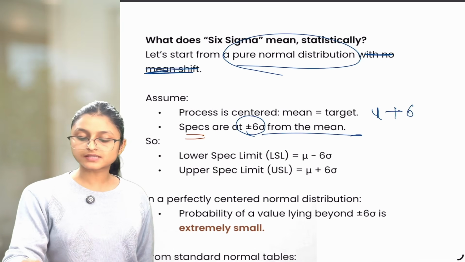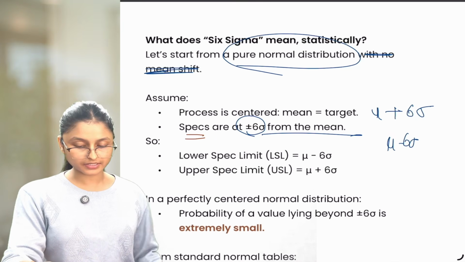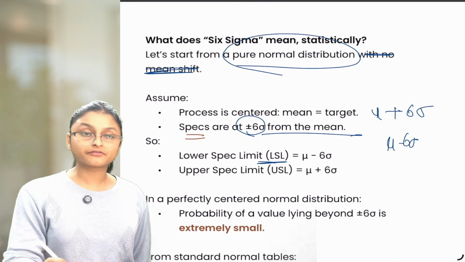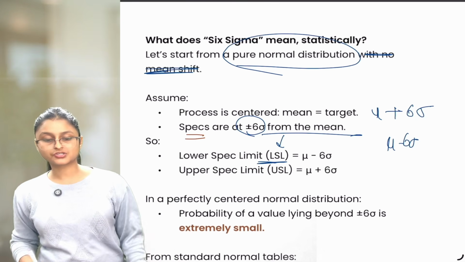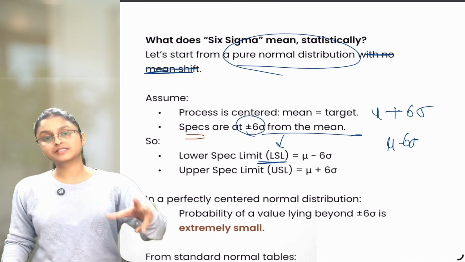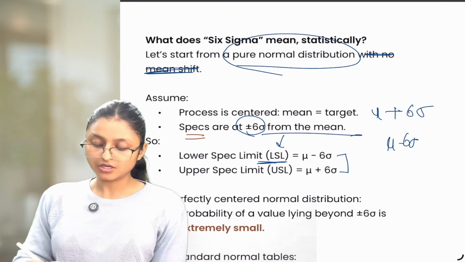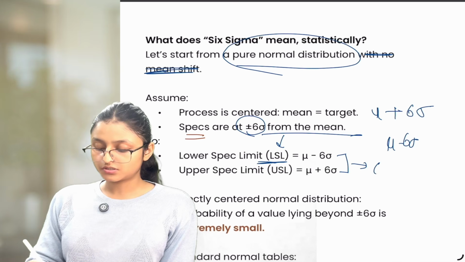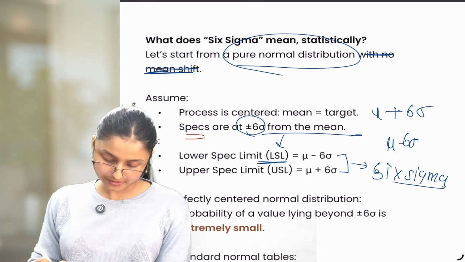So mu plus 6 standard deviations will be on one side and mu minus 6 standard deviations is on the other side. If your lower specification limit, which is set by the customer, is equal to mu minus 6 standard deviations and your upper specification limit set by the customer is equal to mu plus 6 standard deviations, this is known as your 6 sigma, because you are able to cover 6 sigma inside your specification limits.